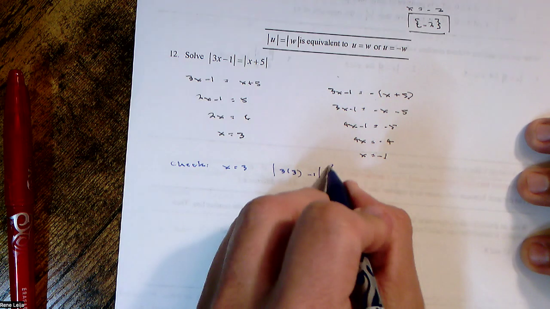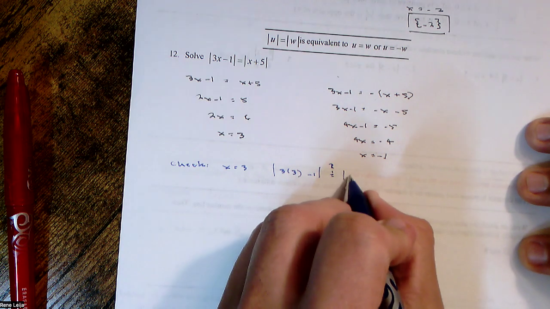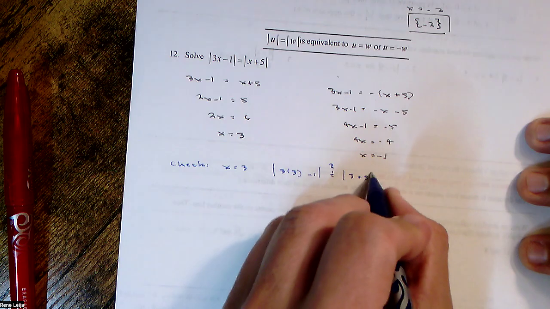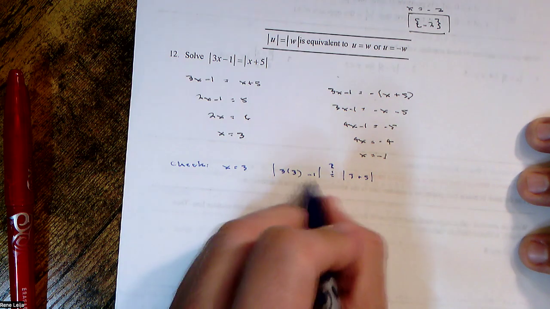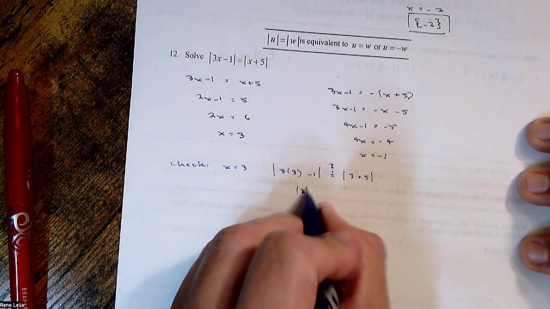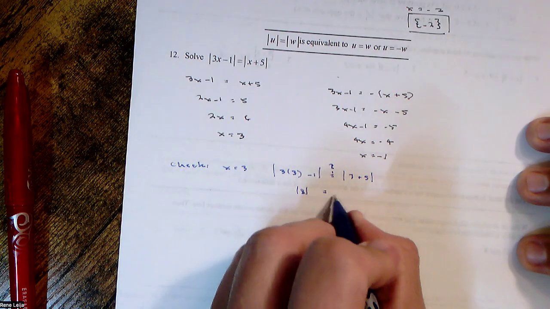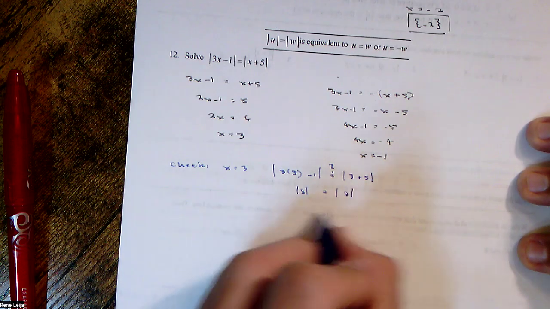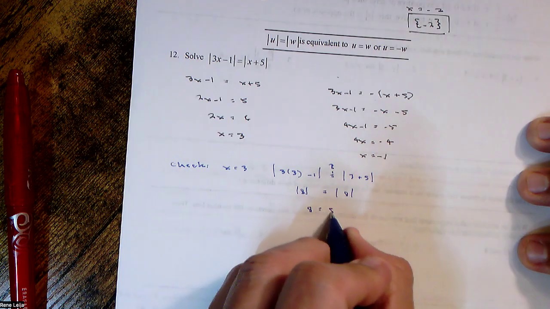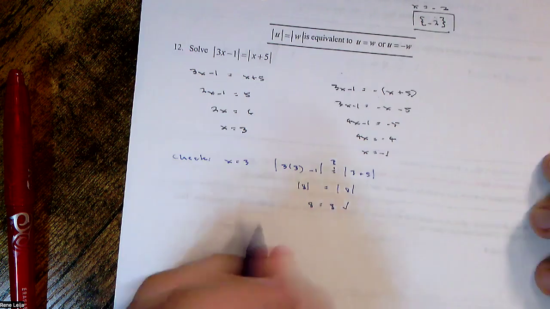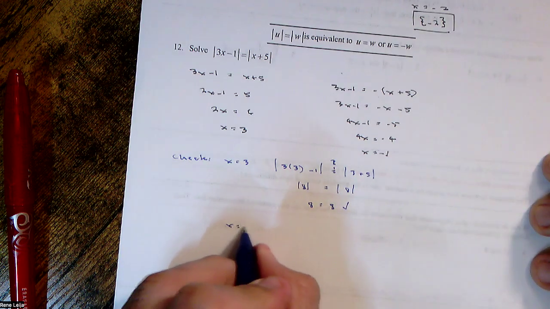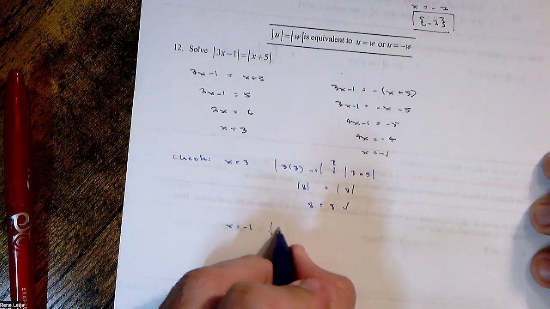Does this equal the absolute value of 3 plus 5? So 9 minus 1, that's the absolute value of 8, equals the absolute value of 8. 8 equals 8, check.